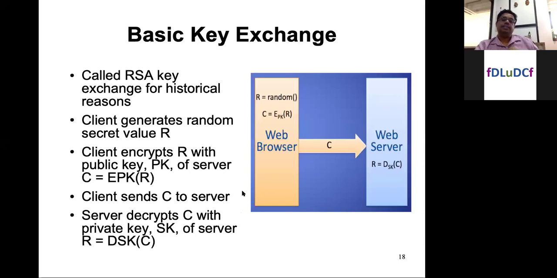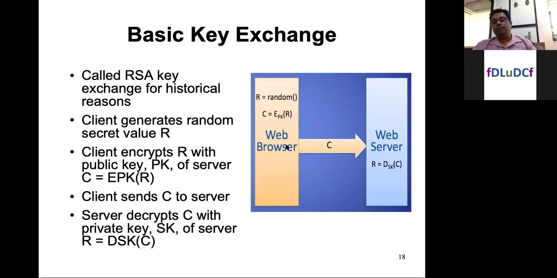The RSA-based key exchange is very simple. After the web browser receives the public key of the web server, it generates a random number. That random number is called R. This random number R is encrypted using the public key. Who sends the public key? The web server sends the public key, in the X.509 public key certificate format.